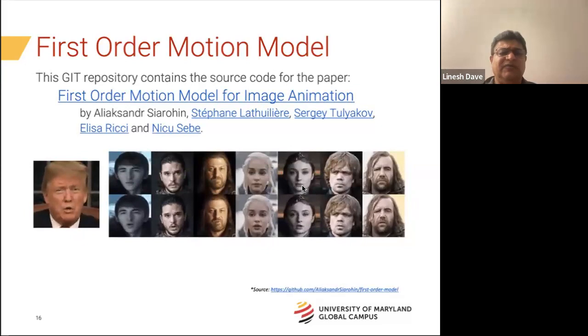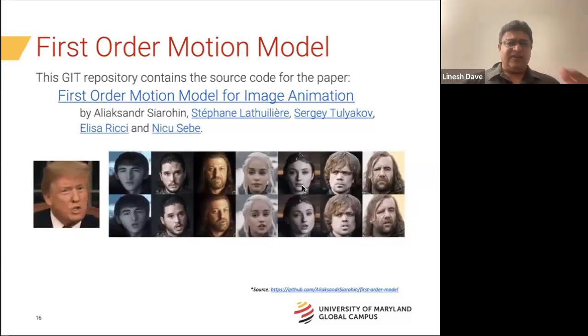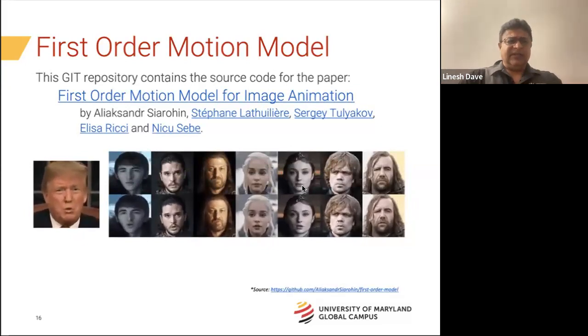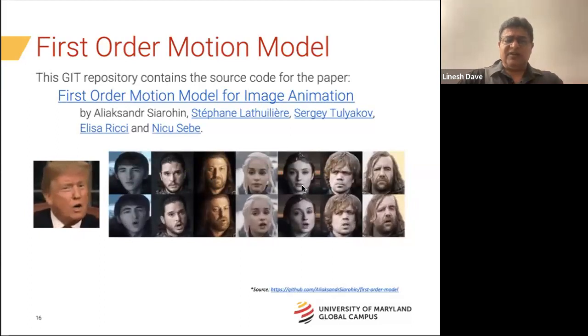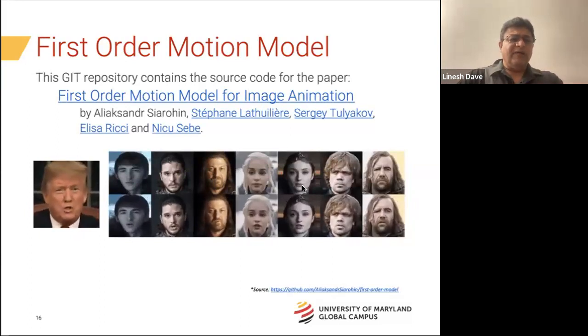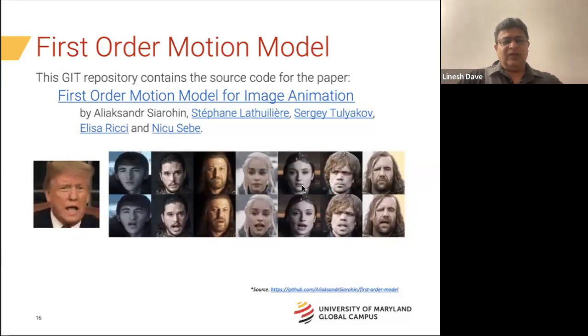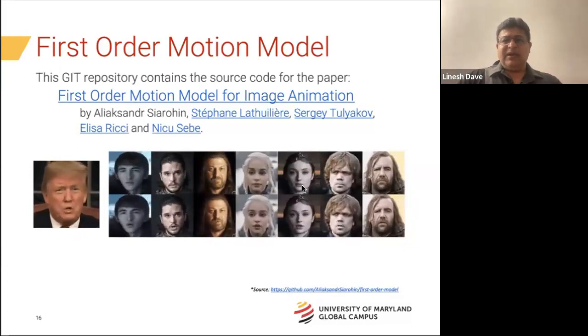Some of these projects are very interesting and you should really take a look at them, as this one here, the first order motion model, where, as you can see, the image on the left is an animated image of our former president, Donald Trump. This is probably a video of him giving one of his speeches.